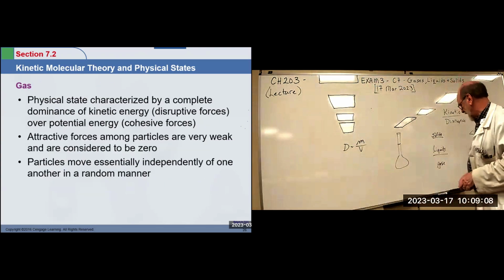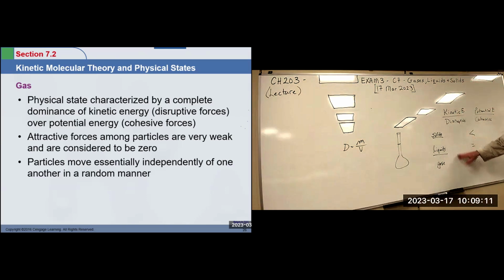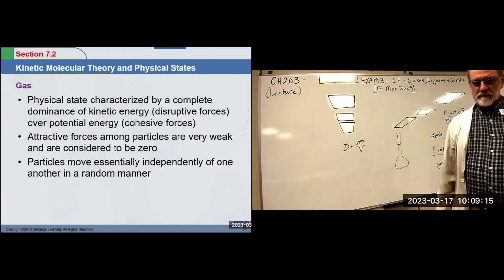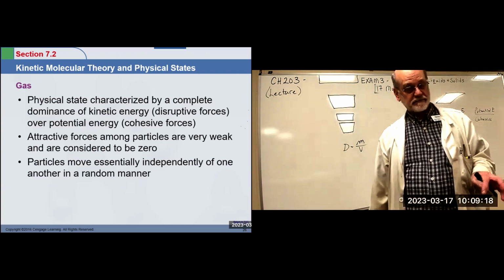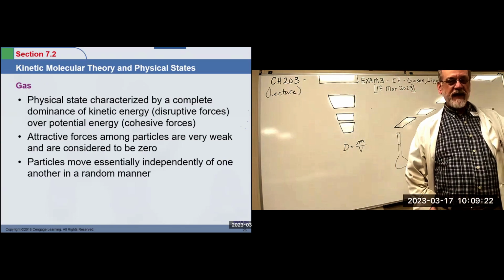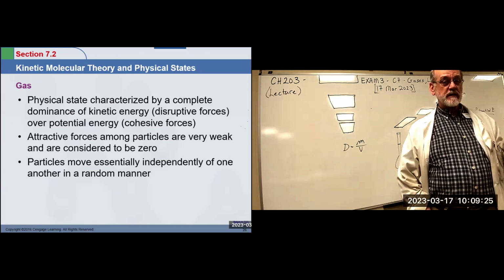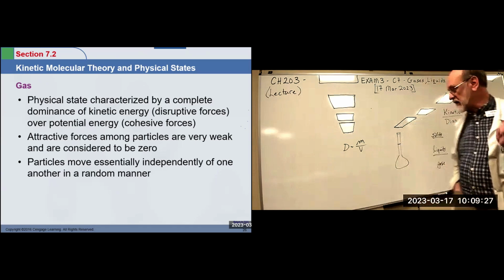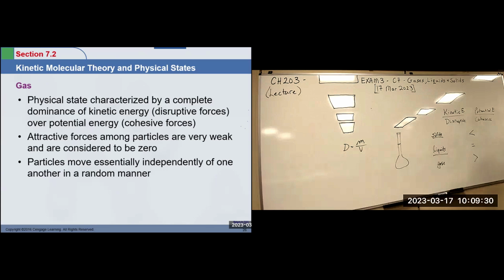Gases. Okay, now we're talking about gases. They have very high disruptive forces and low cohesive forces. And this is a balancing act. In fact, for most gases, we consider the cohesive forces to be almost zero. And this only works for higher temperatures.